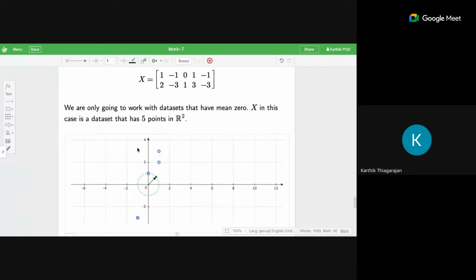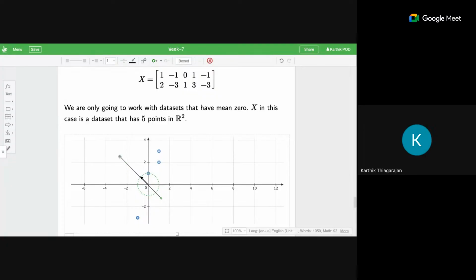So we are looking at directions. It could be this direction, or this direction, and when I say a direction, I also mean the line passing through it. That is where you're going to project.